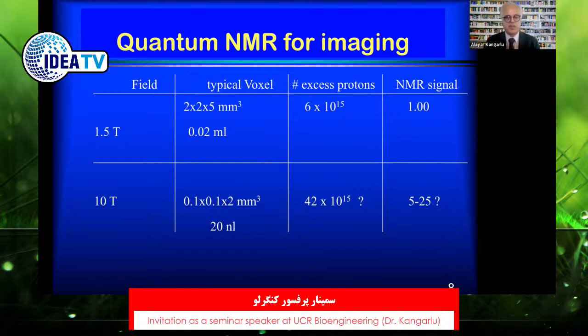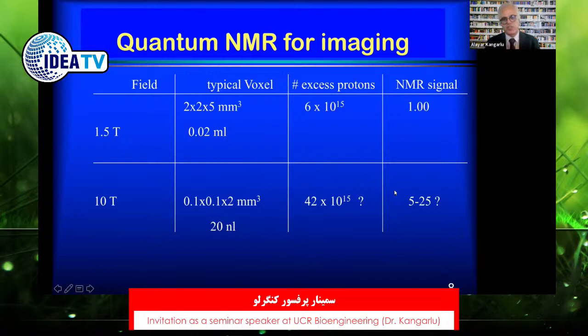And with that kind of accounting really of the number of protons per voxel, you would be able to generate excess protons of the order of 7 times higher than at 1.5 Tesla.